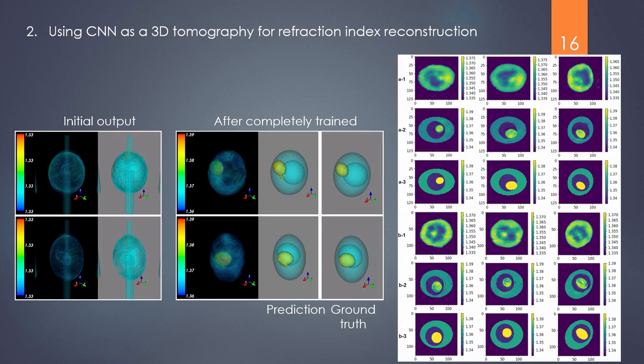For the next step, I want to apply this to cells. But to be able to do that, I have to have a lot of ground truth, so I can set up a real ODT to reconstruct the 2D refractive index and use that for the label, and I can train with the same procedure here to reconstruct the refractive index.